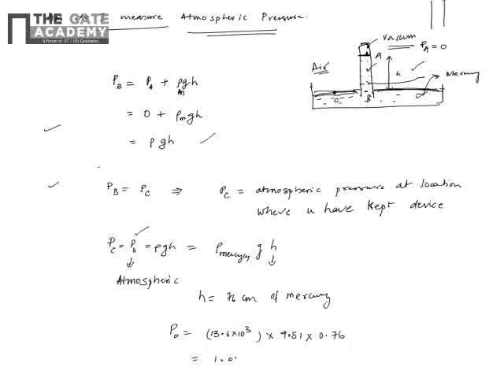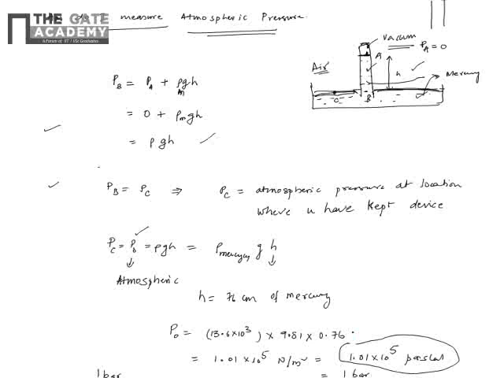So this value comes out to be 1.01 into 10 power 5 Newton per meter square. Newton per meter square, as we have seen, it is pascals, unit of pressure, pascals. And this is called 1 bar, because this entire unit is defined as 1 bar. Okay, so 1 bar means 1 atmospheric pressure. So this is how the atmospheric pressure is measured.